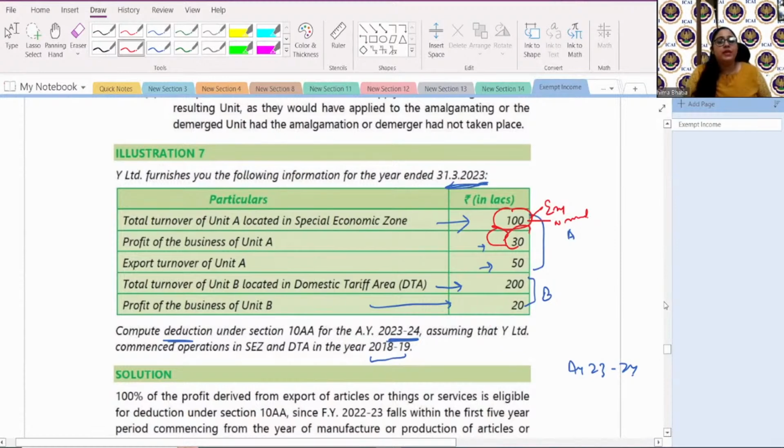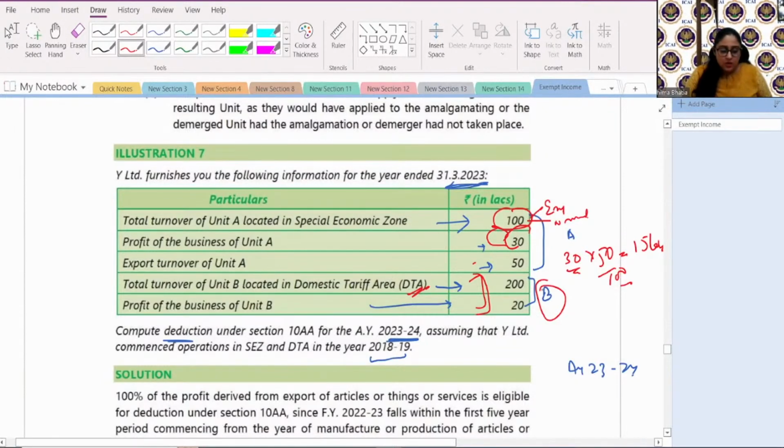So I have to calculate my export profit, which is 30 into 50 by 100. Simply total profit into export turnover by total turnover, which comes to 15 lakhs. Anything which is given for unit B is not relevant for me because 10AA deduction is only for SCZ units, not for DTA units. Okay. Number one, this part is clear?